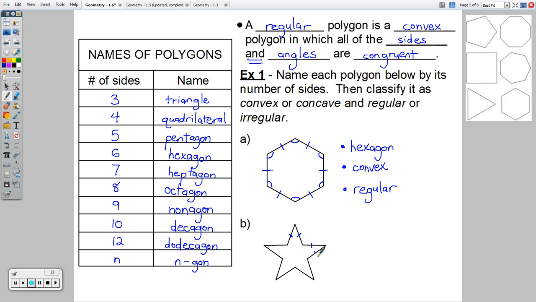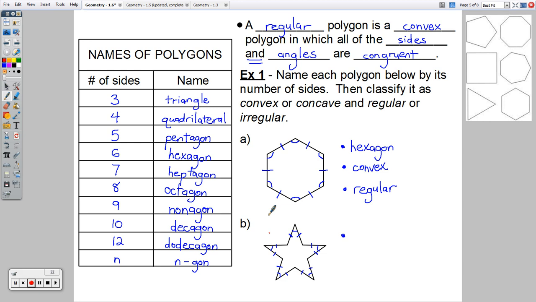On this one, we're going to add some extra information as well into the picture. So I want you to put 1 tick mark on all the segments in this picture. And all these angles here that I'm marking, put 1 arc mark in each one of those angles. So after doing that, let's count how many sides we have.